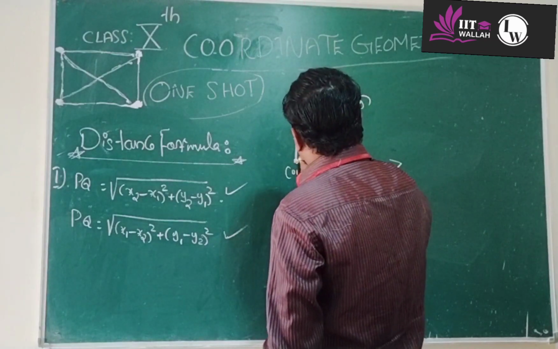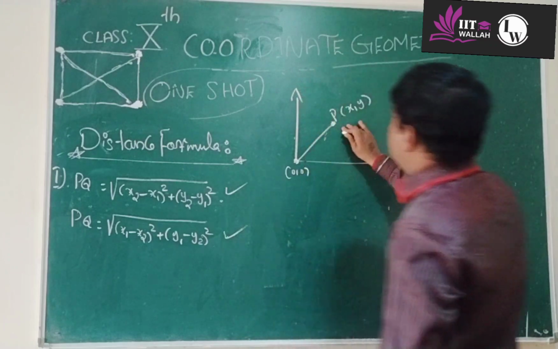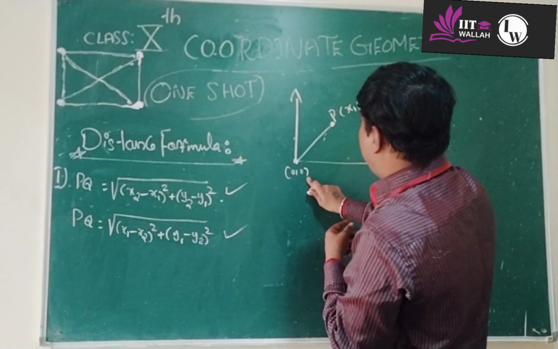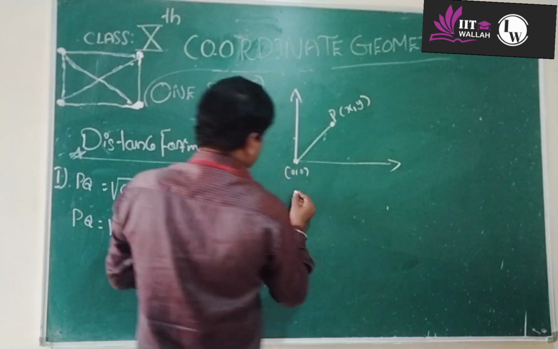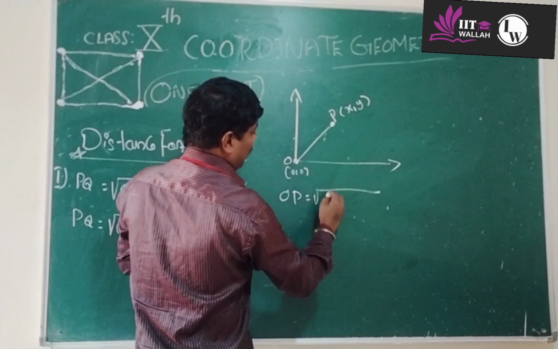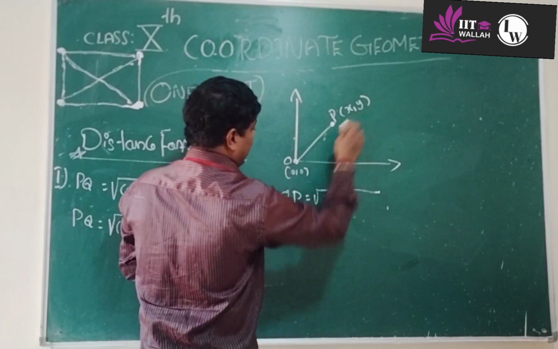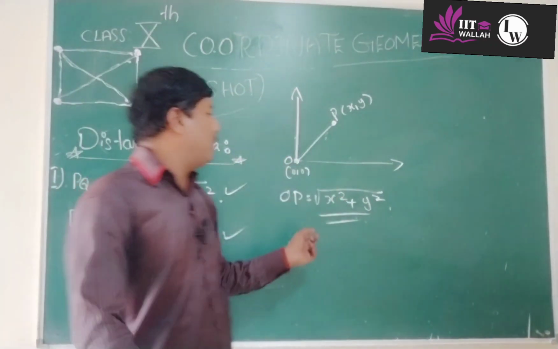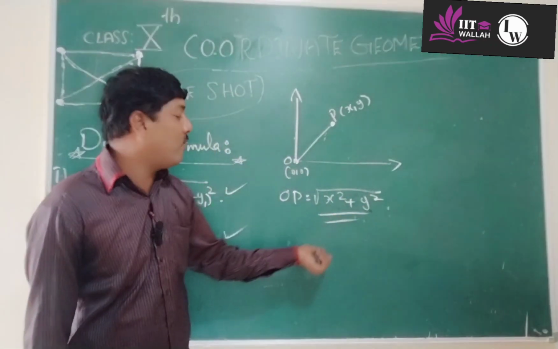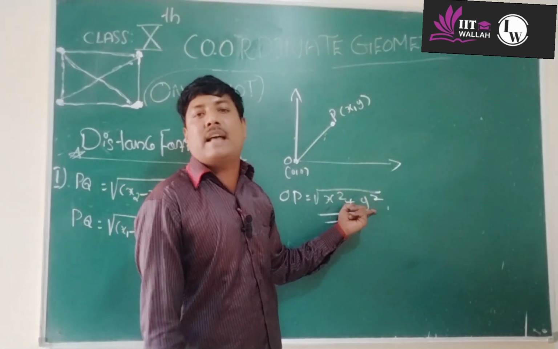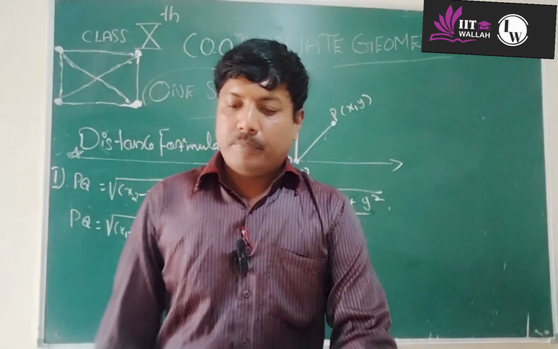We want to find this distance. According to the formula, OP is equal to root of x minus 0 whole square plus y minus 0 whole square, so the distance of any point from the origin is root of x square plus y square, where x is the x coordinate of that point and y is the y coordinate of that point. Got it clearly?